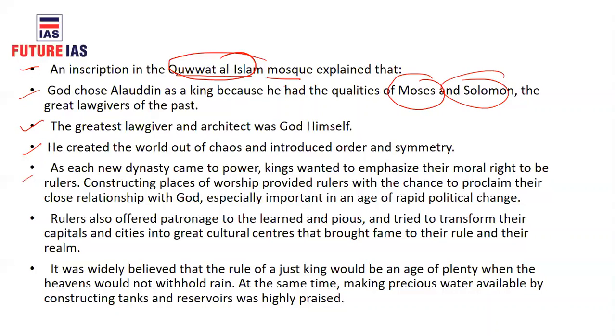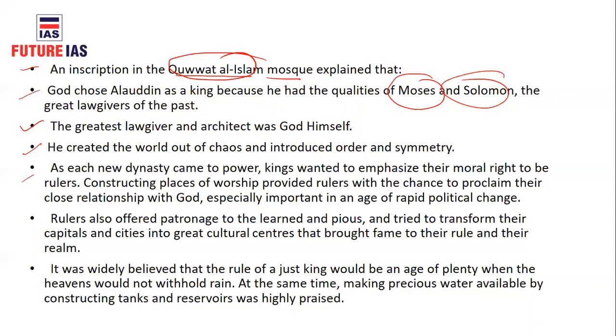For example, if a dynasty is ruling in XYZ place, it tries to reinforce the belief system that it has the moral right to rule that place, right? So in order to reinforce that belief, they construct places of worship like temples, isn't it? So these temples give the chance to get associated with the god, right?